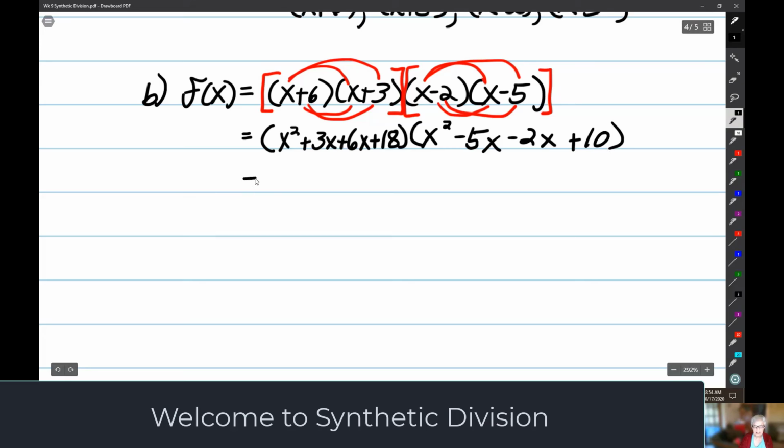Does that look right to everybody? (x squared plus 9x plus 18) times (x squared minus 7x plus 10).